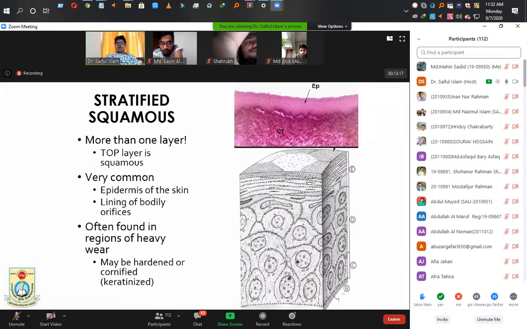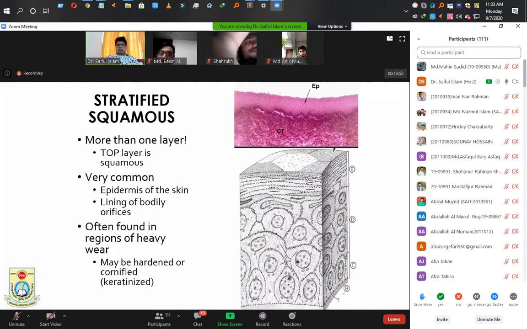So it can be stratified squamous, stratified cuboidal, or stratified columnar. First I will discuss the stratified squamous. In stratified squamous there are many layers, but the top layer is the key, the identifying character of what type of epithelium it is.